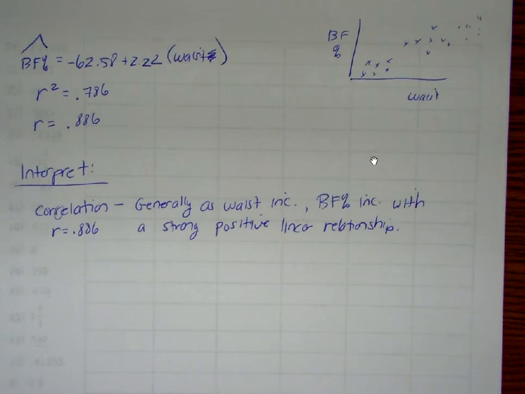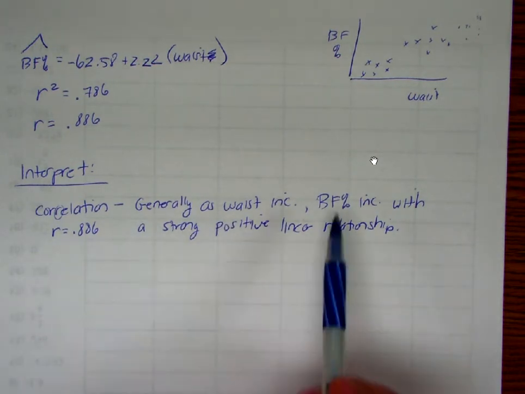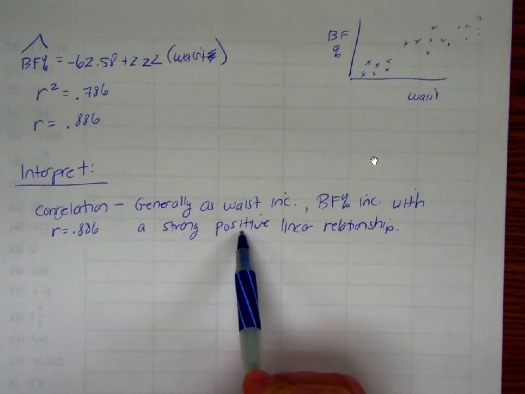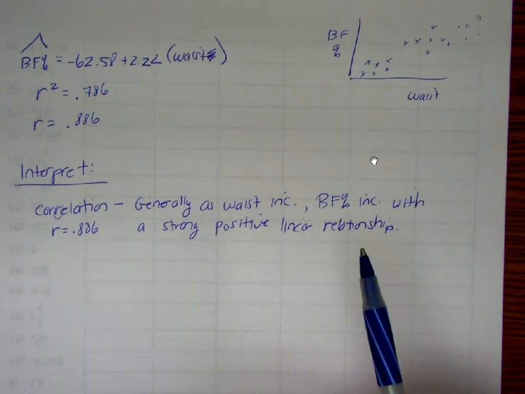Strength, form, and direction: strength, linear, and direction is it positive or negative. And talk about the story. So that's the generally statement.